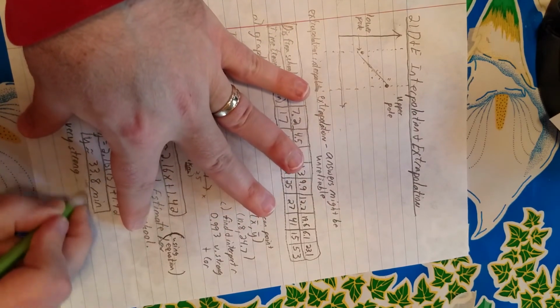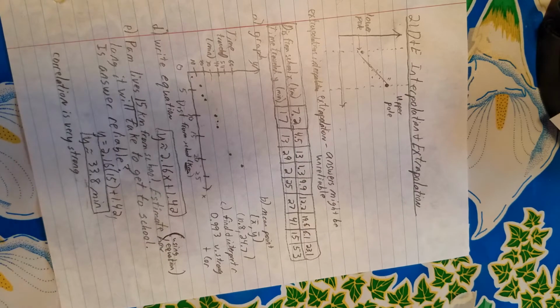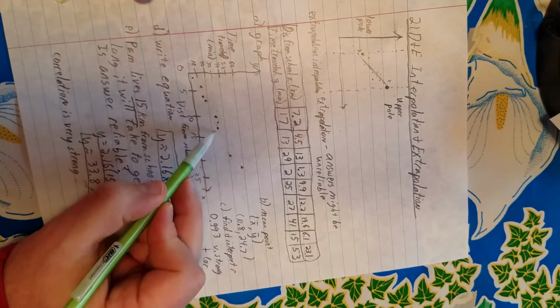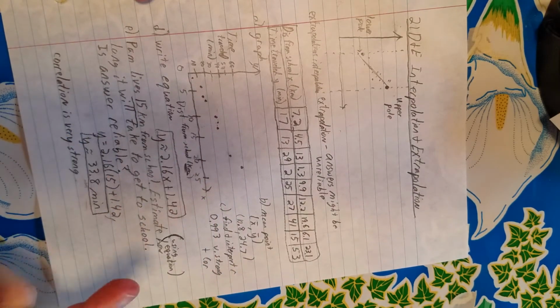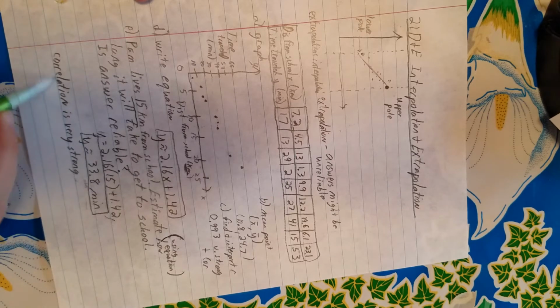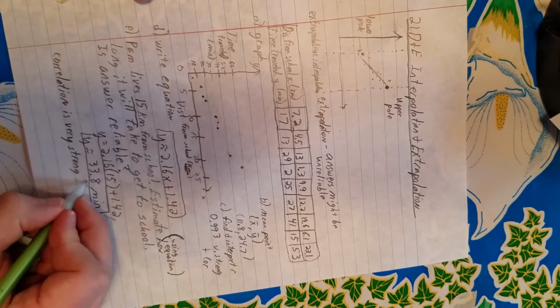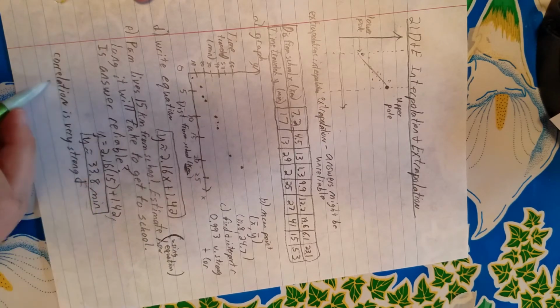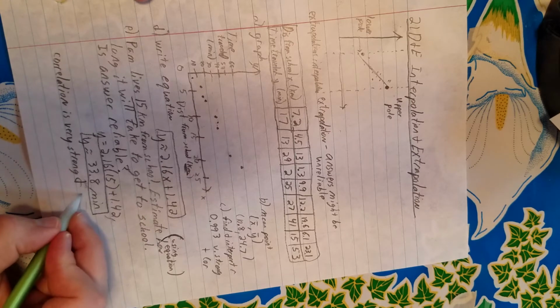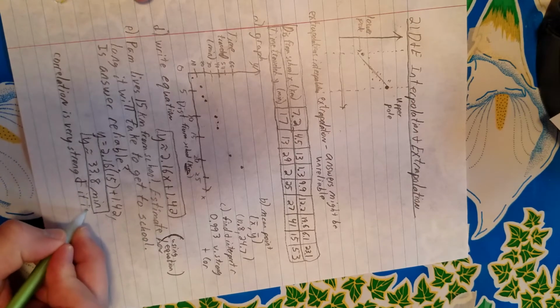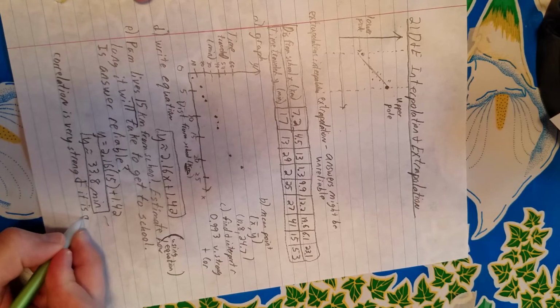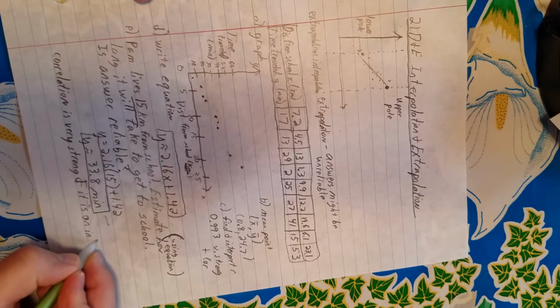I was thinking this was an extrapolation point. So both things have to be true. It has to be at least strong, and it has to be an interpolation. So correlation is very strong, so that's good. And it is an interpolation point.